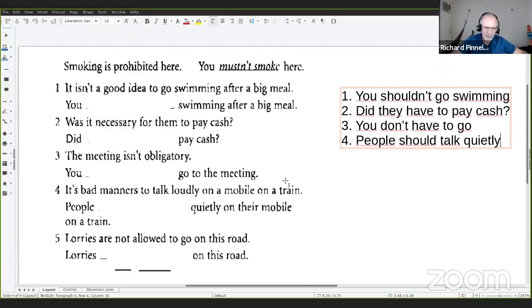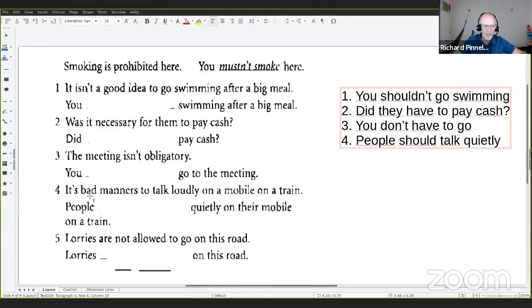La manera de hablar. Déjame ver en el diccionario. Modales, sí, modales. So talk quietly. Y quietly es tranquilamente, no muy fuerte, no muy alto.